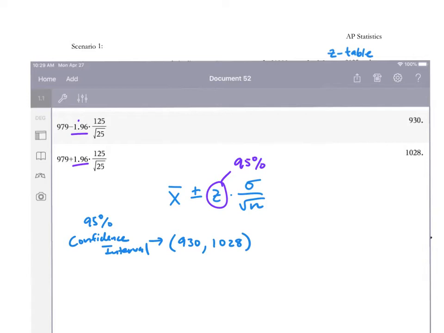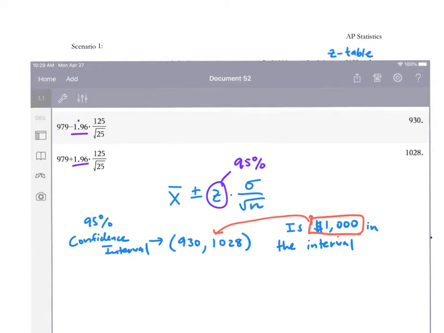And so the question is, is $1,000 in this interval? Yes, right?